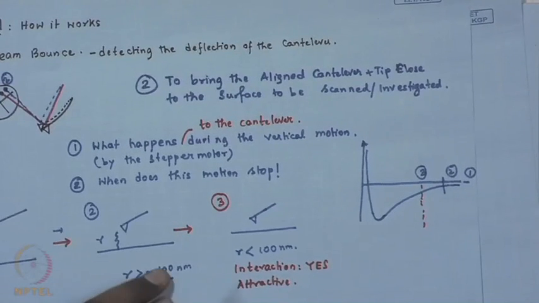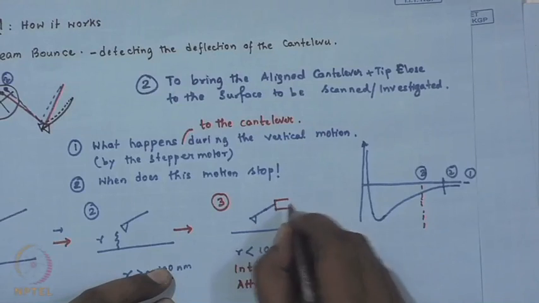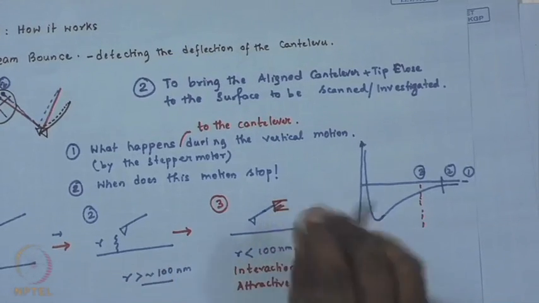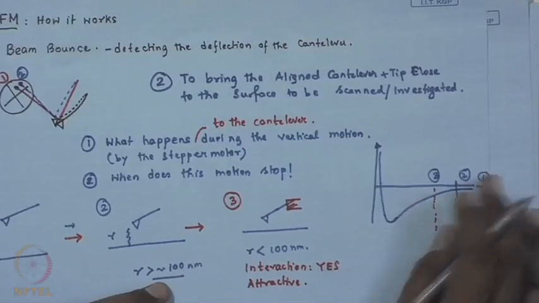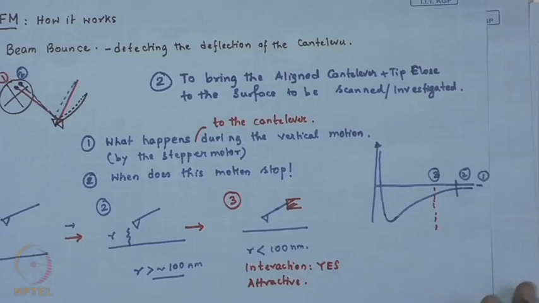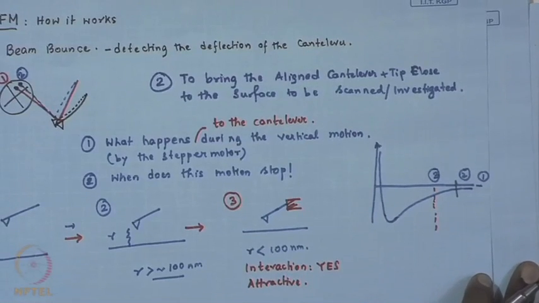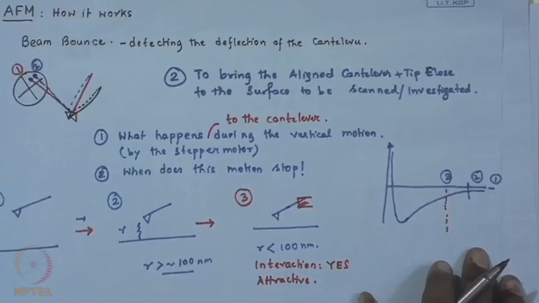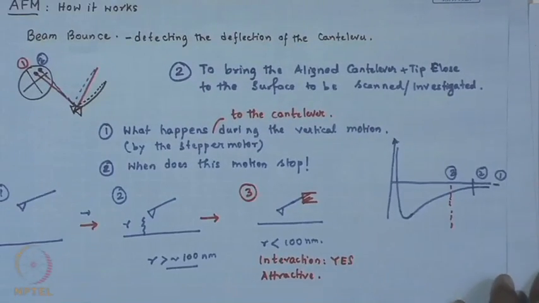Okay. So, do not forget this is a cantilever. This end is fixed with the mounting or the chip, but this end is free. And in the previous class we had talked in greater detail about the spring constant, the material or the stiffness of the spring or the cantilever you choose.